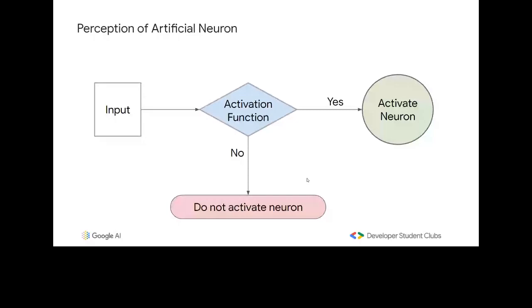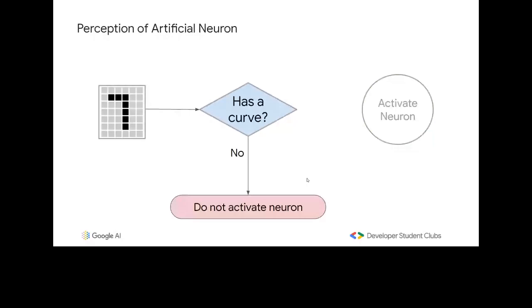If it is no, it does not activate the neuron. Something like this happens in the brain too, the activation of neurons. You can see some examples. If we give an input of 5 and the condition is less than 10, then it activates the neuron. Similarly, here 7 does not satisfy the condition, so it does not activate the neuron.